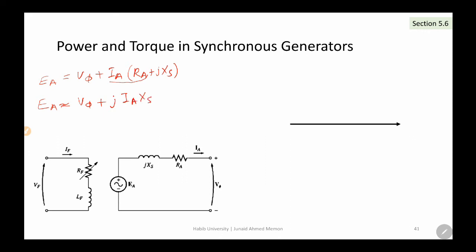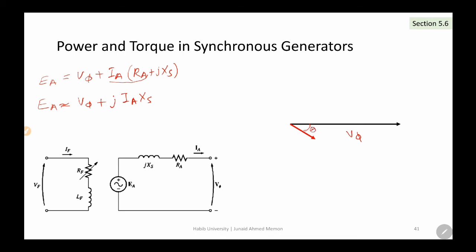Okay, so if this is the V phase vector, let's suppose we have an inductive load with a phase angle theta.